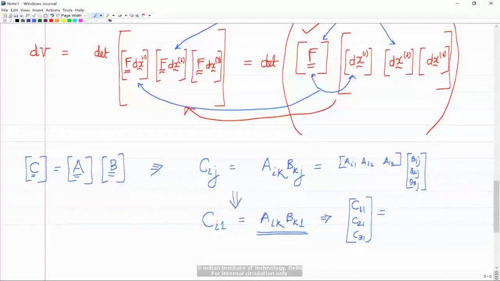Isn't it? Take the ith row of A and multiply with the jth column of B. That gives you Cij.